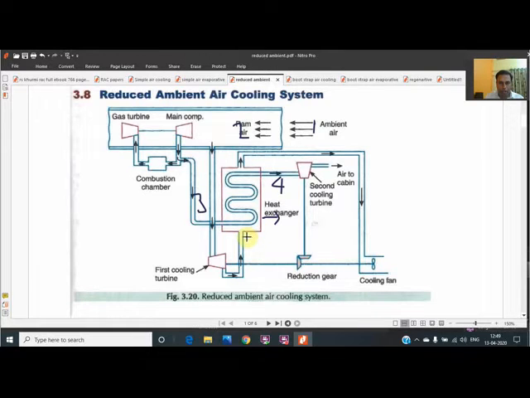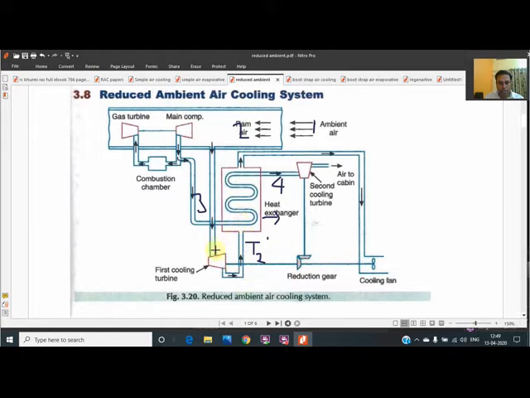Another fluid which is touching this is at a different temperature. This is at T2 dash. Actually the T2 air entered, but after expansion it has become a different temperature, called T2 dash.